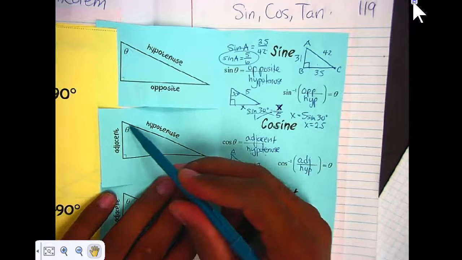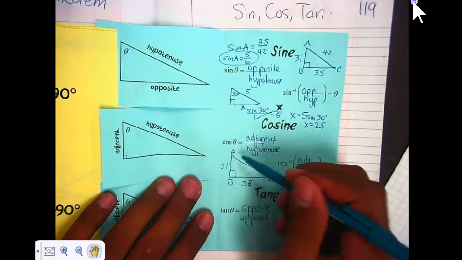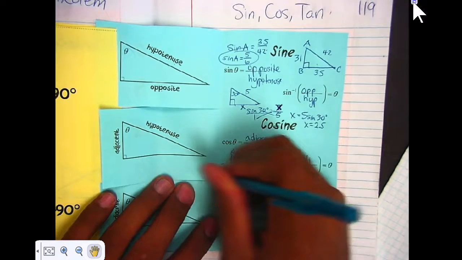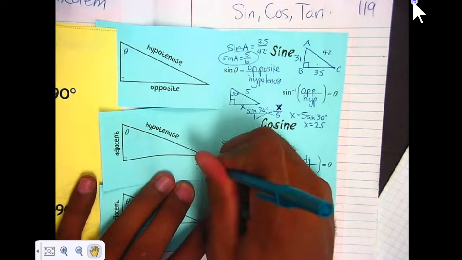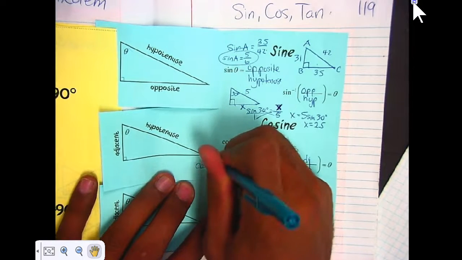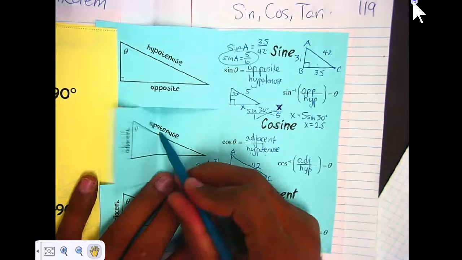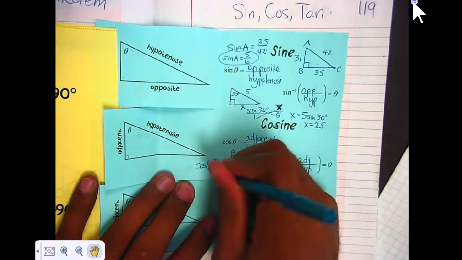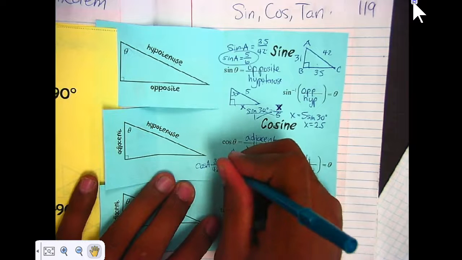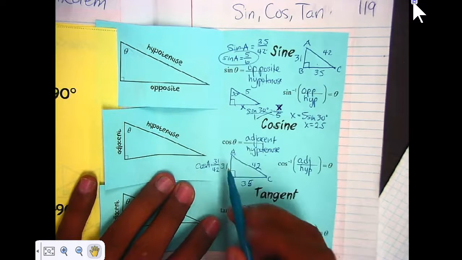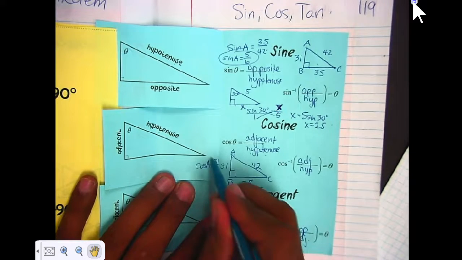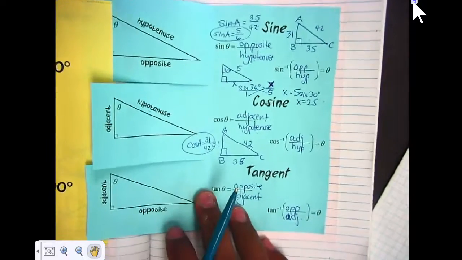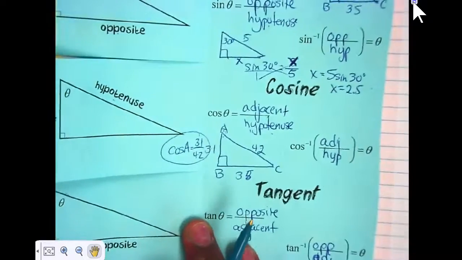The adjacent is right next to our angle, so that would be this 31. So cosine of A would be 31 over the hypotenuse, which is 42. And there's no number that can divide both 31 and 42, so your answer is simply 31 over 42.